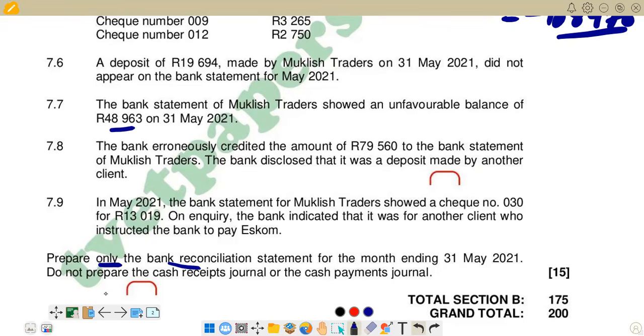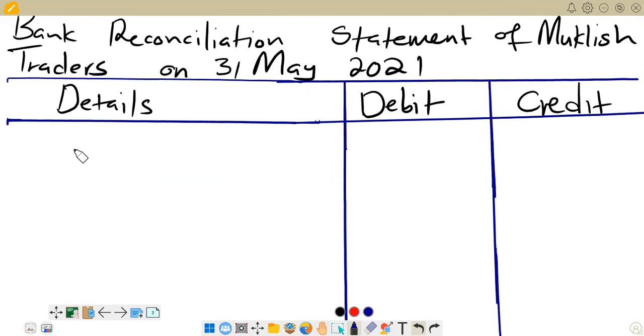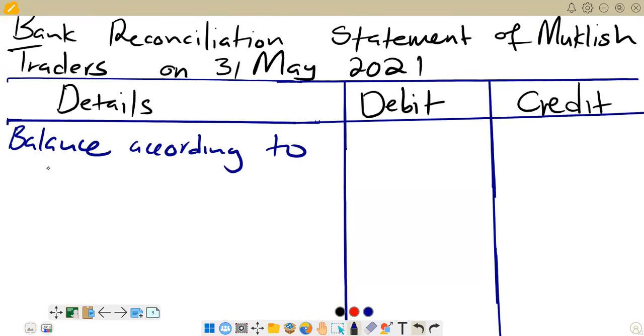So we go to our bank reconciliation. Yeah, so this is our opening balance. Then we say balance according to bank statements. This is the balance that we are starting with.